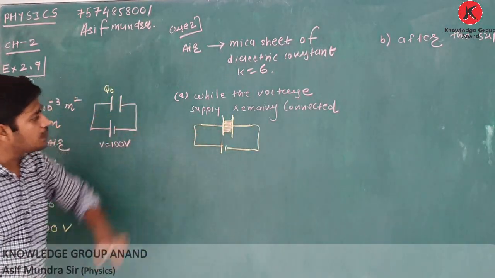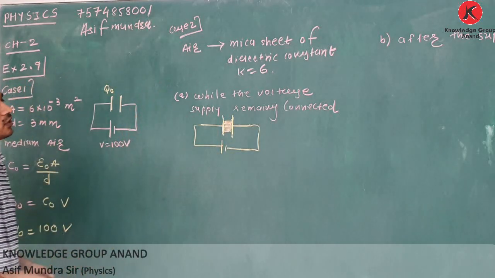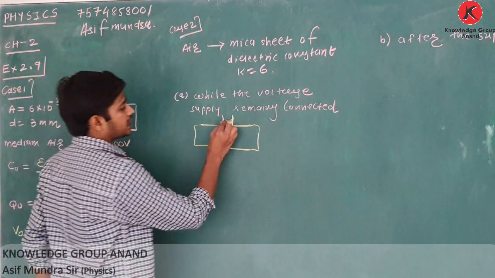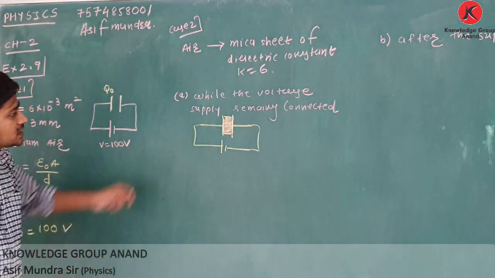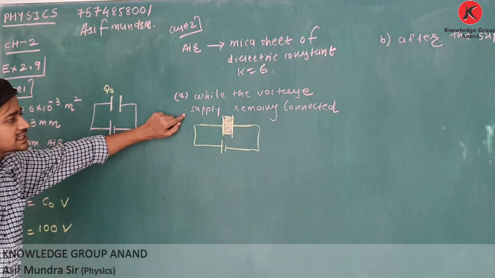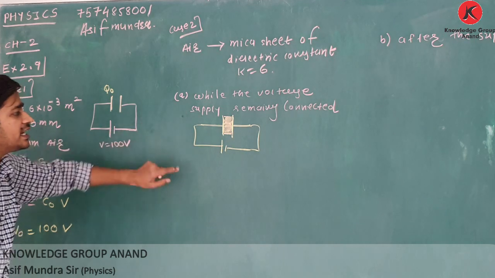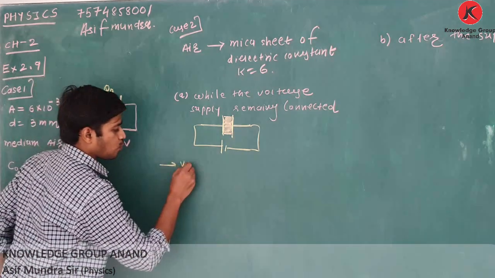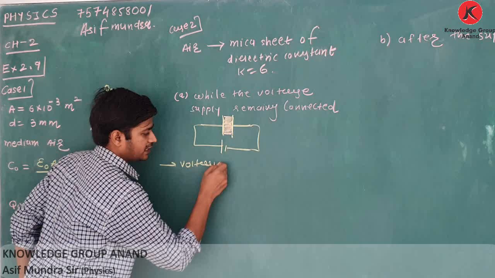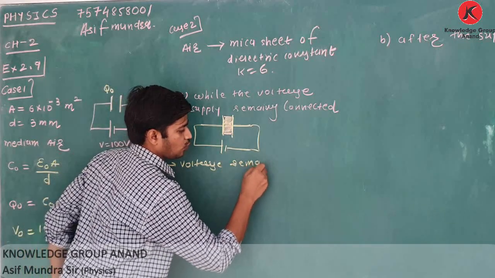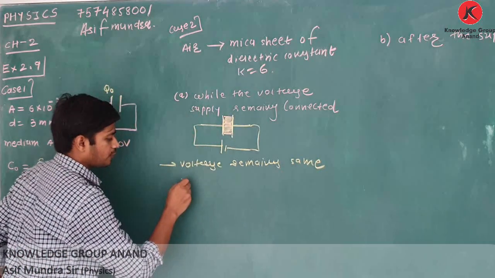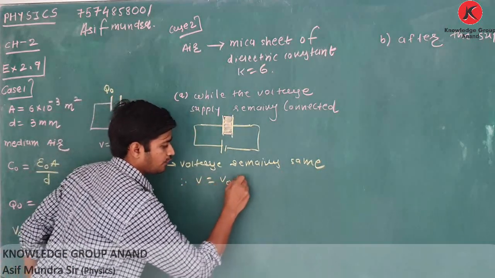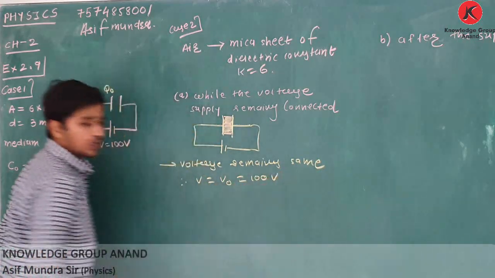Now medium between two plates is mica sheet of dielectric constant K is equal to 6. As voltage supply remains connected, in this case voltage remains the same. Therefore V is equal to V0 is equal to 100 volt.